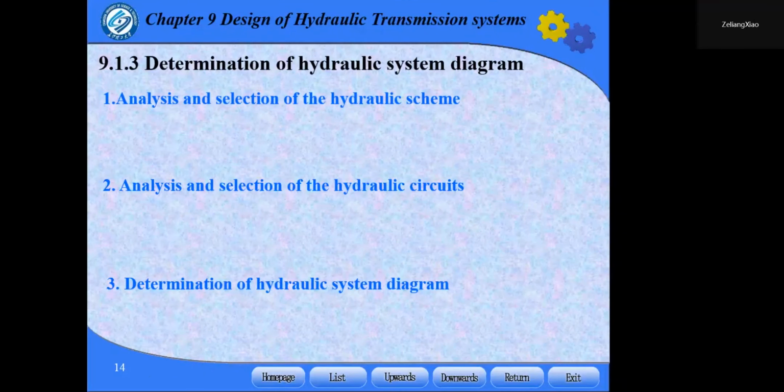Below are the main circuits, which have sensitive effects on the main performance of the main flow, and which must be determined first according to the working features and the performances.